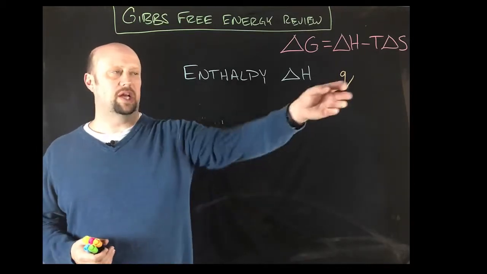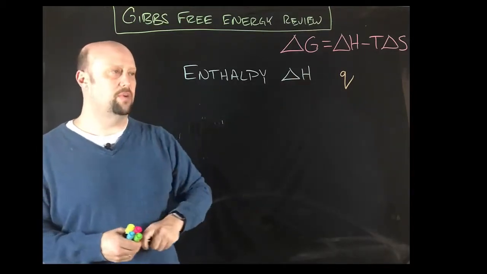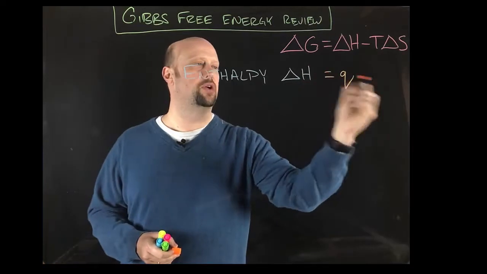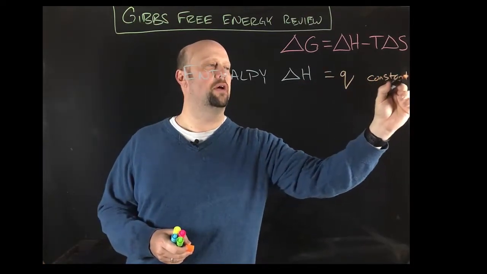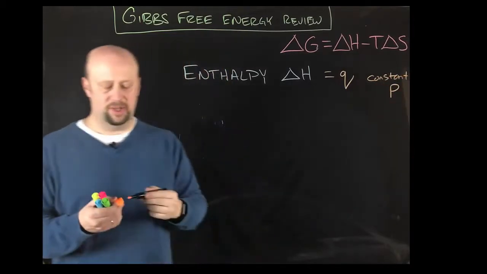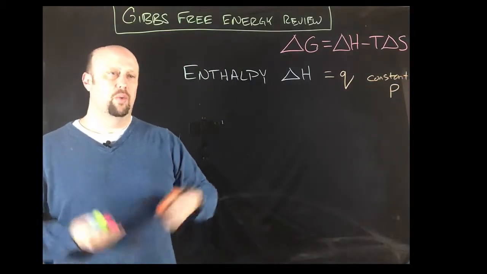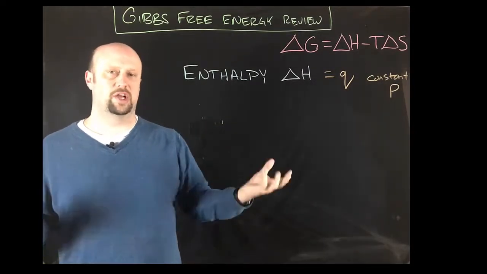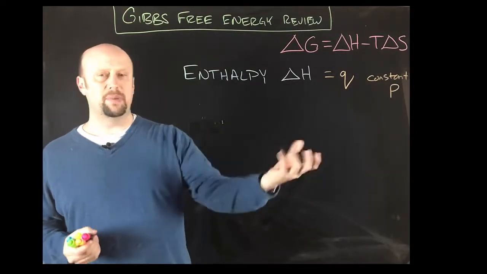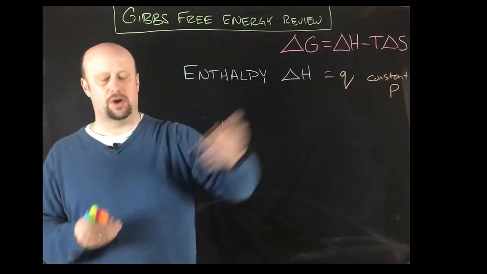So delta H and Q are the same thing as long as I'm at constant pressure. And you don't have to worry about that part of it, because everything that we're doing in class is probably going to be at constant pressure, so it's not going to be a trick scenario. So delta H becomes our heat term.